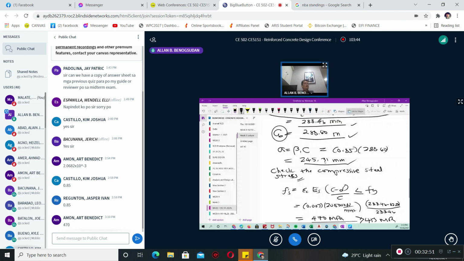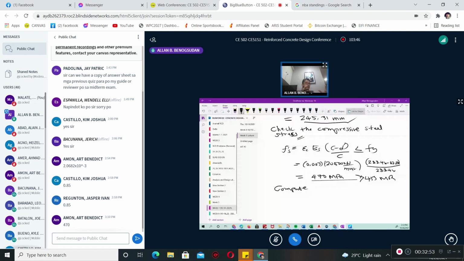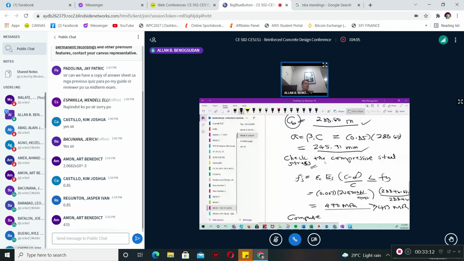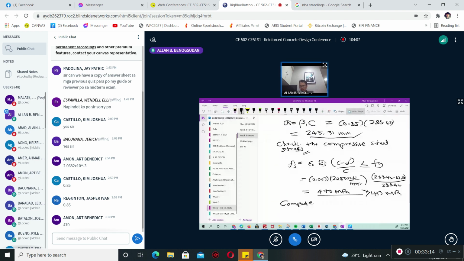Pag nagko-compute po tayo dito, mga kasama, tingnan mo yung reason. Pag sinabi 470, yung yield stress dito, 413 lang, yun yung yield stress. Pero yung inabot na stress, inabot ng 470. Yun po yung ibig sabihin nun, mga kasama.